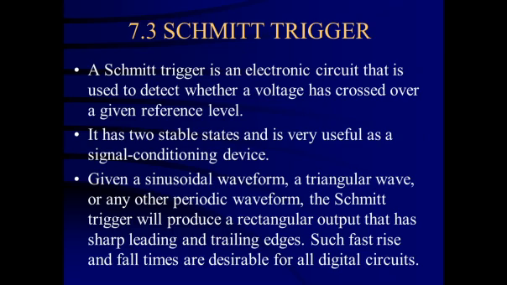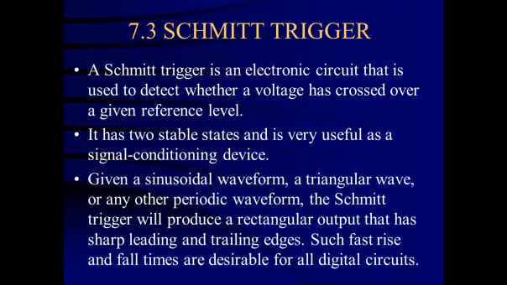Given a sinusoidal waveform, a triangular waveform or any other type of periodic waveform, the Schmitt trigger will produce a rectangular output that has a sharp leading and trailing edge. Such fast rise and fall times are desirable for all digital circuits. So, another very useful application of the Schmitt trigger circuit is this.